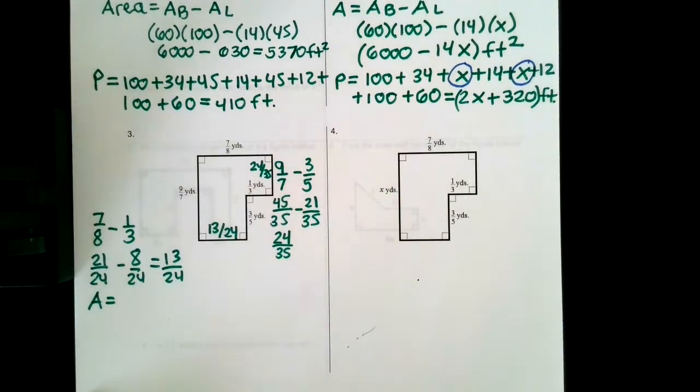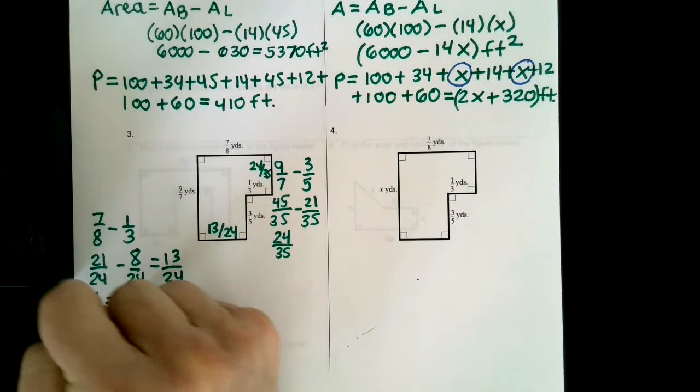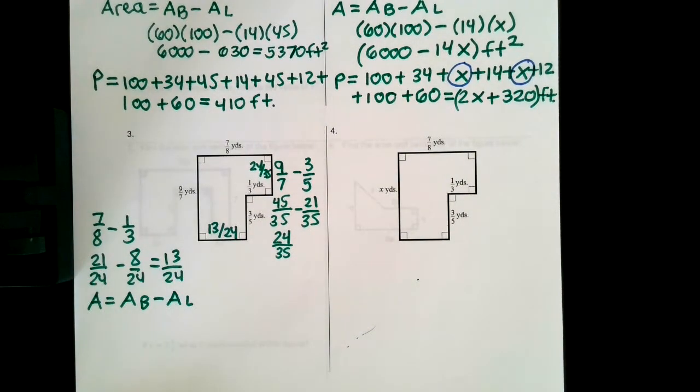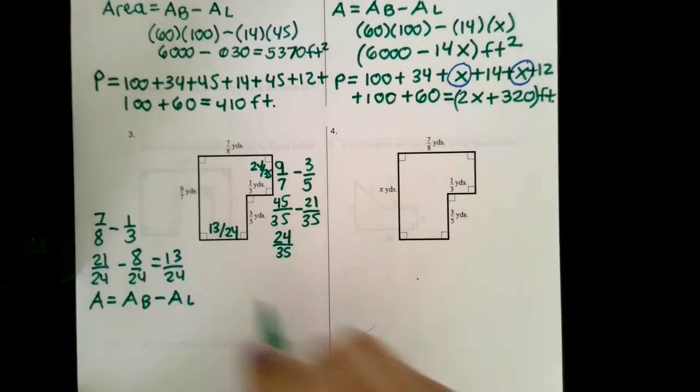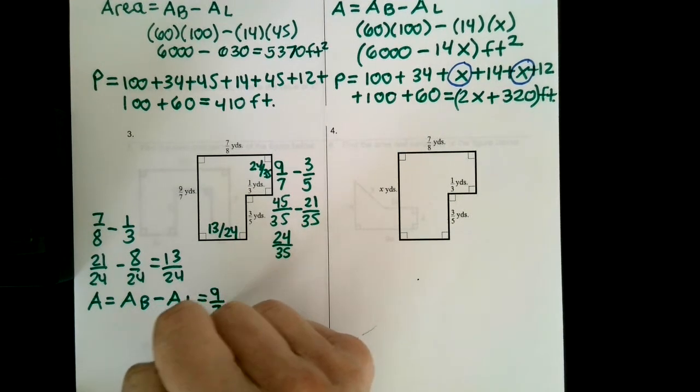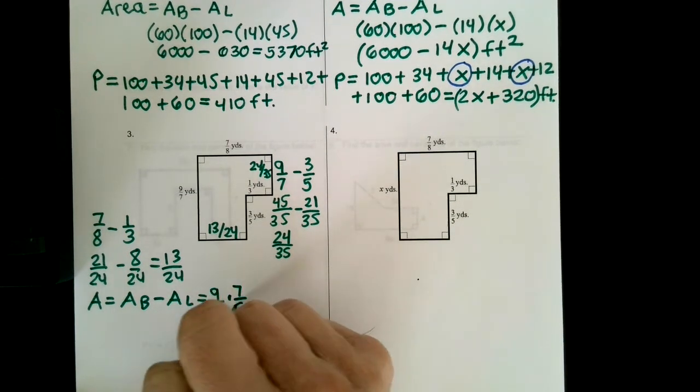Okay, now that I have the missing measurements, I'm going to start by finding the area. The area of this figure is the area of the big rectangle minus the area of the little one. The area of the big rectangle, if I surrounded this entire figure, would be 9/7 times 7/8.